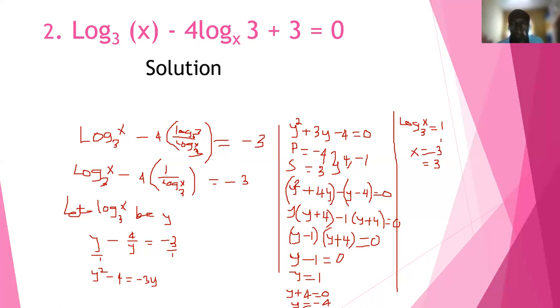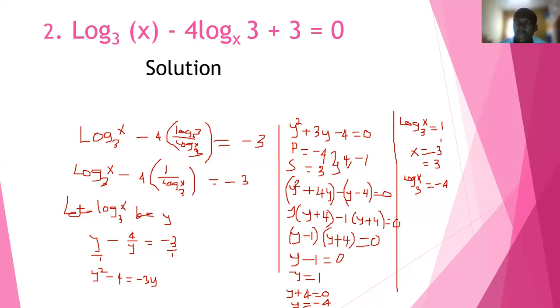Then we'll also get that another one was log x base 3 is equivalent to -4.